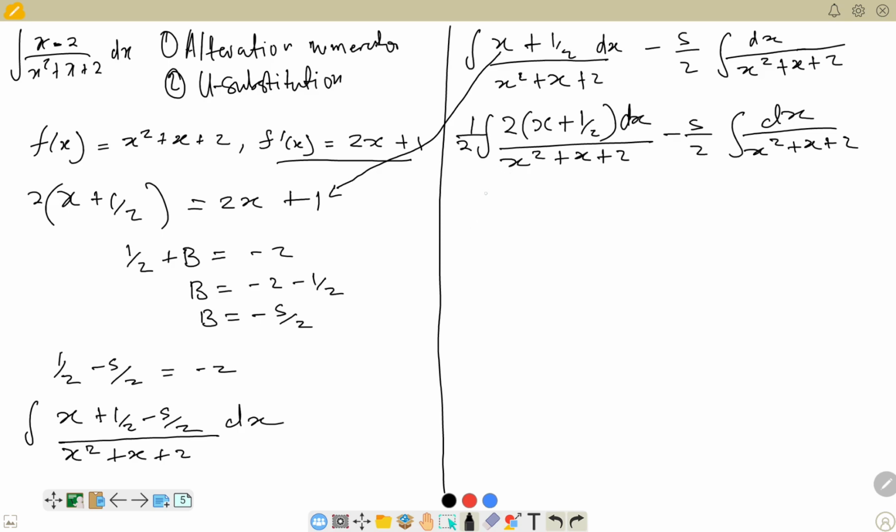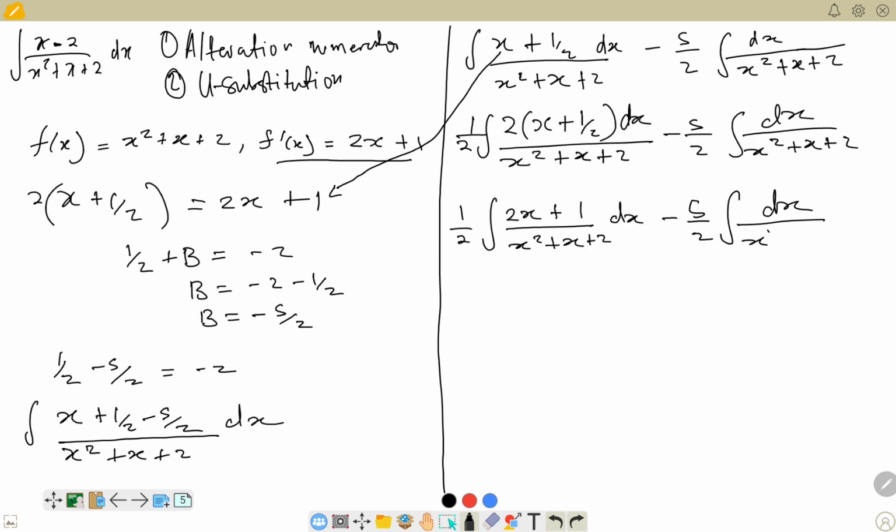Then from here I can see that if I multiply the brackets by that 2, I will get (2x + 1) over (x squared + x + 2) dx minus 5/2 dx over x squared plus x plus 2.